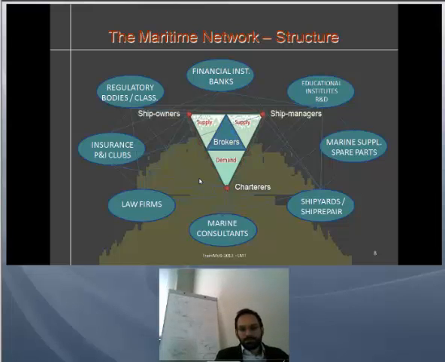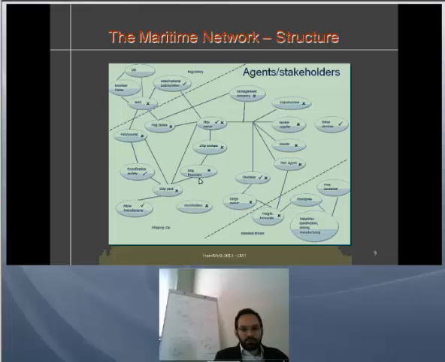So another representation of what we're trying to explain here is one of the agents or stakeholders that exist in the market. In the lower part, there are of course the demand drivers, as we previously said, which are the freight forwarders.